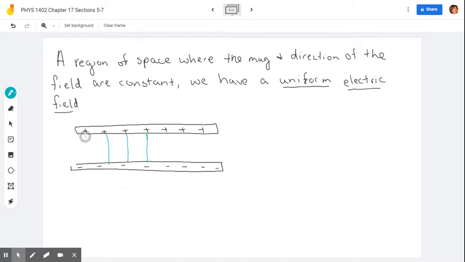We haven't really talked about drawing field lines yet, but the electric field line pretty much everywhere inside these plates is going to point straight down from positive towards negative. Now, when you get close to the edges, you start to get some bowing, and we don't have a perfectly uniform electric field anymore. But really, as long as we're here in the middle, we get a really nice uniform electric field.